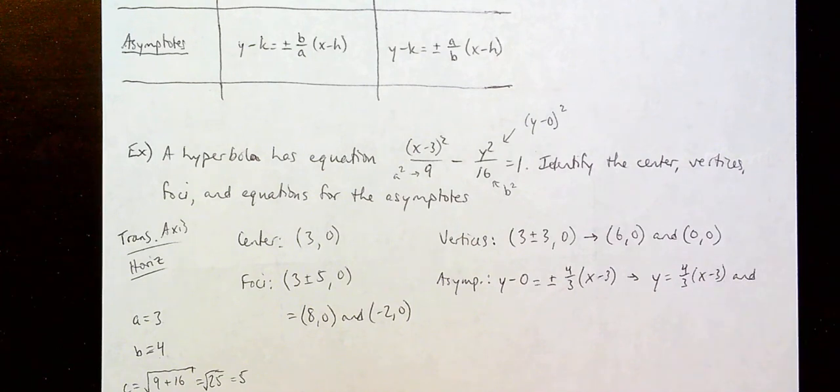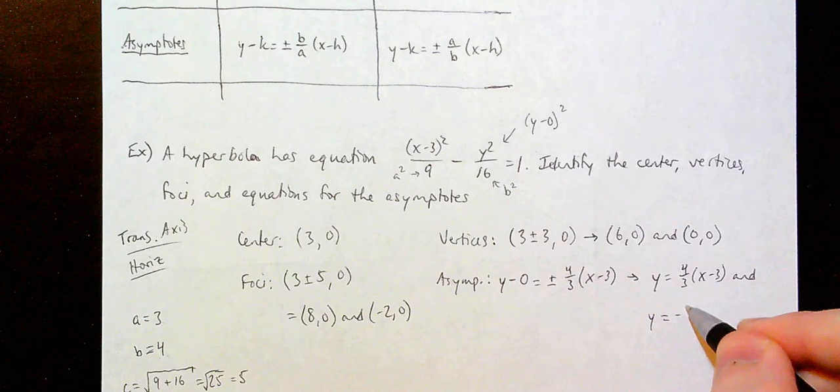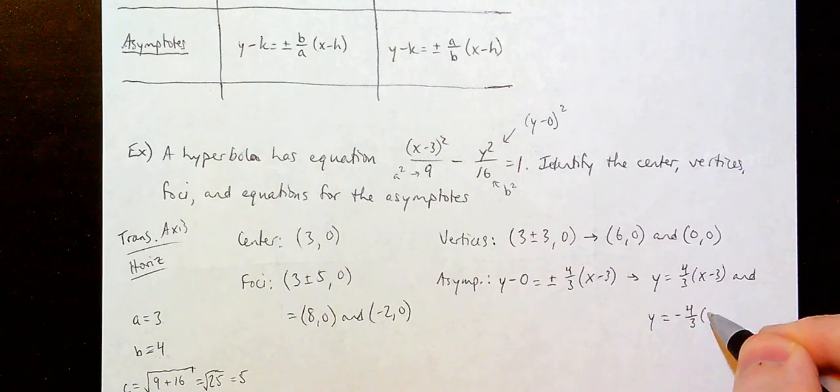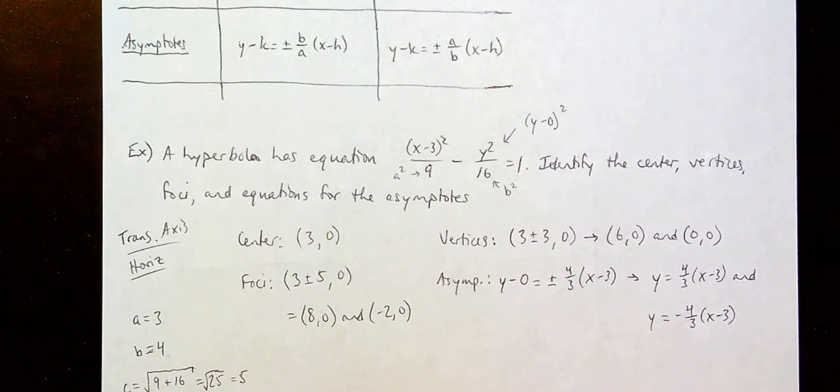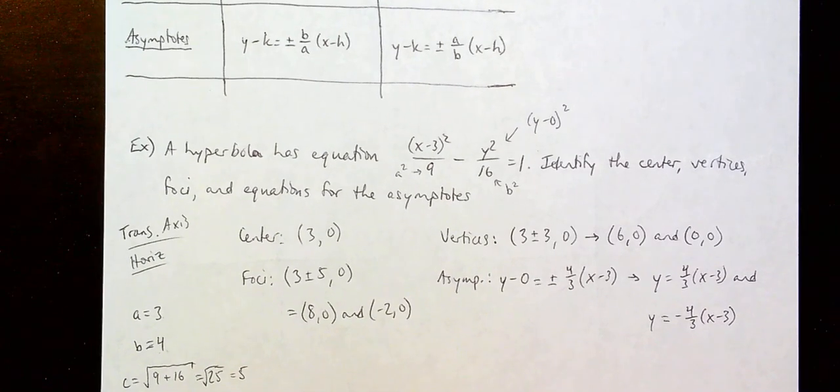So we can write these out as two separate lines: y equals plus 4/3 times x minus 3, or y equals minus 4/3 times x minus 3. So these are the equations for our two asymptotes, and this is all of the key pieces of information that we need for our hyperbola given the equation.